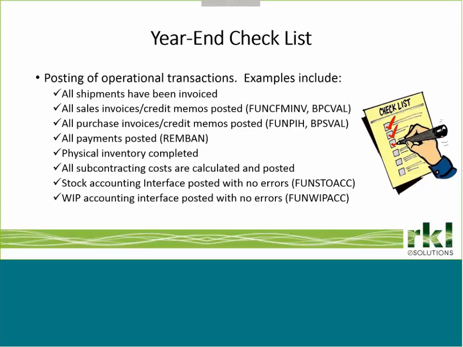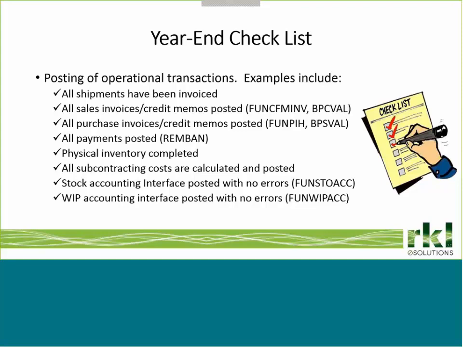If you're performing a physical inventory, you'll want to make sure that's done and all the count sessions are closed out so that the journal entries are waiting in Stojo to be posted once you run the interfaces. You want to make sure all your subcontracted orders are closed and the costs are calculated so that those will post with the interface running too.